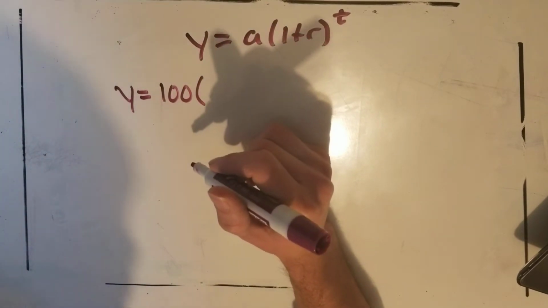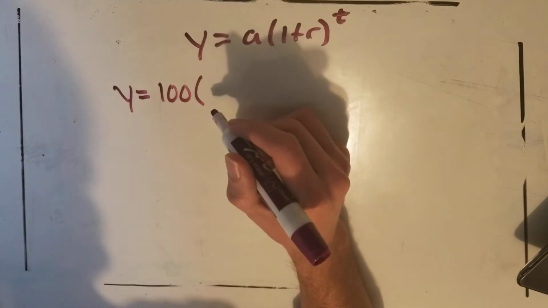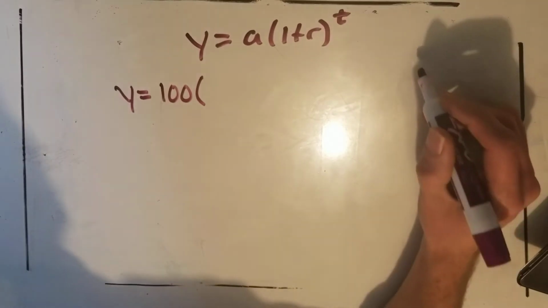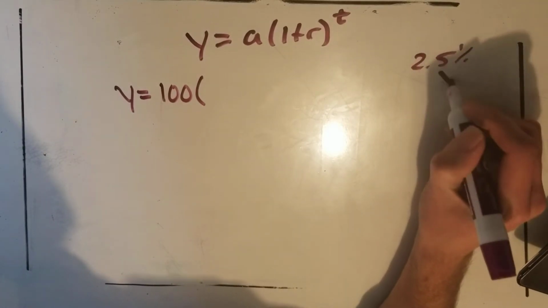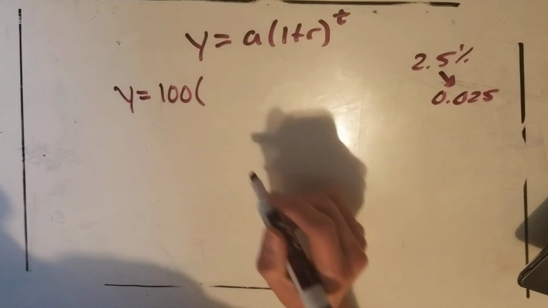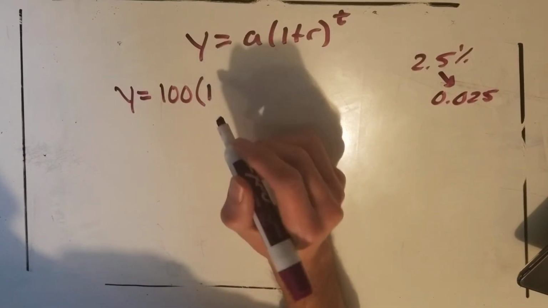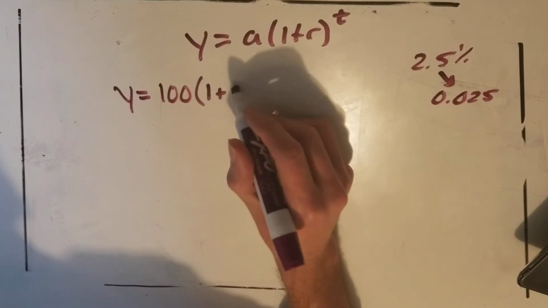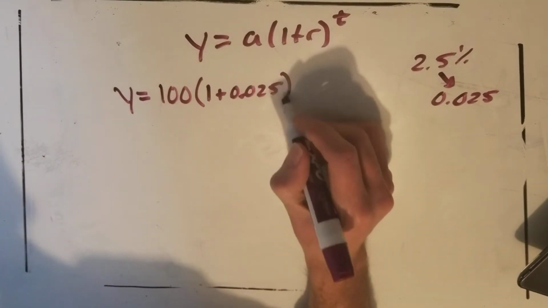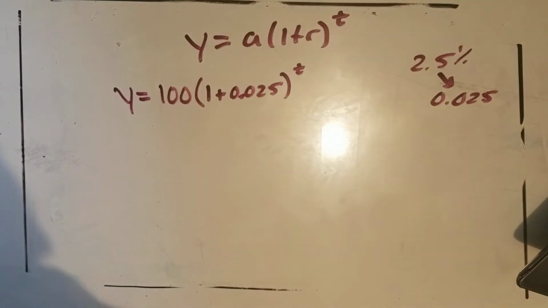And if someone doesn't call in, the gift card increases by 2.5%. So 2.5% as a decimal should be 0.025. So we're going to go ahead and say it's 1 plus 0.025, that's 2.5%, to the t power.